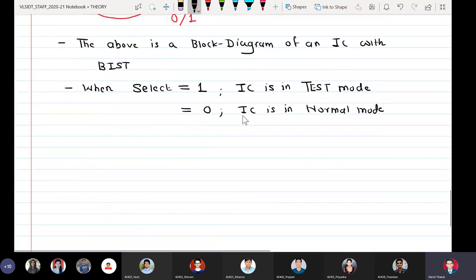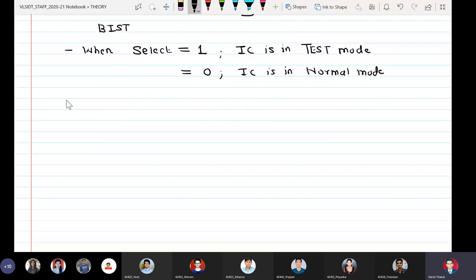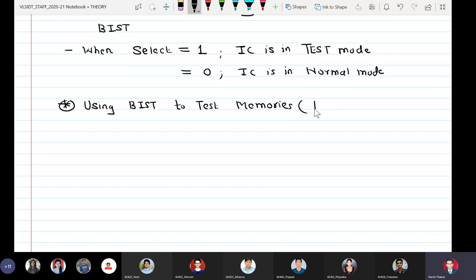Okay, so a classic example of where B.I.S.T is used. B.I.S.T is usually used for testing memories. We will give an example now. So, using B.I.S.T to test memories.